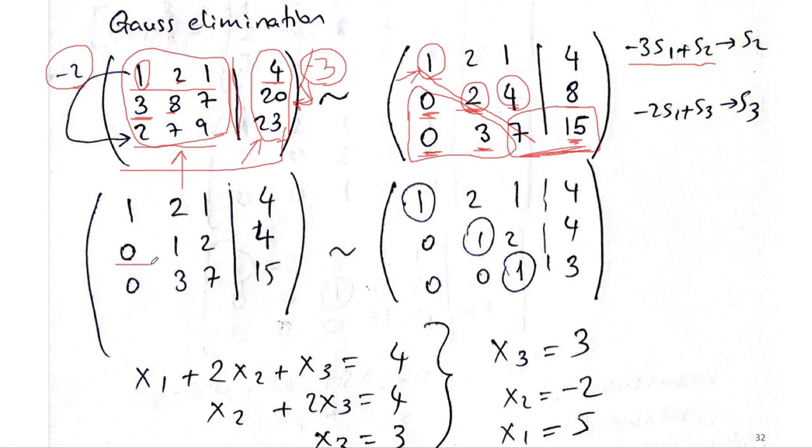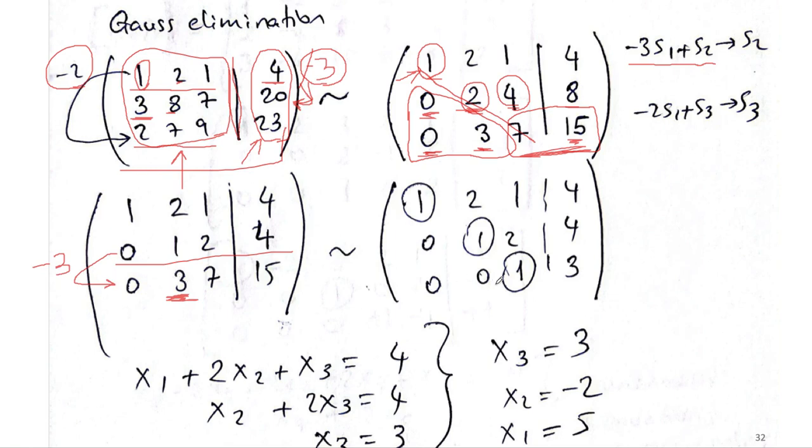So we can write that as 0, 1, 2, and 4 on the right-hand side after this simplification. And now we can make the second leading term in the third row equal to 0 by multiplying the second row by -3 and then add to the last one.